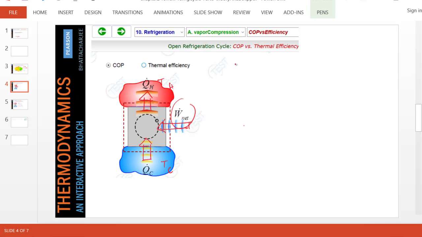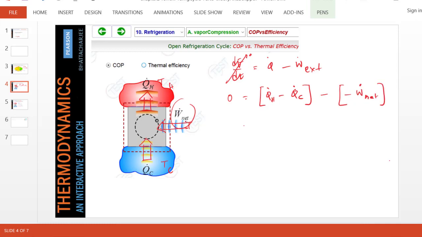Again, as you recall, we just arrived at it. The energy equation is dE/dt, which is 0, equals Q dot minus W dot external. So 0 equals, what is Q dot here? Q dot h minus Q dot c. And what is W dot external? That's negative W dot net. Why did I put the negative sign?